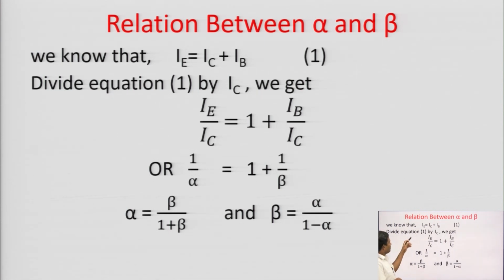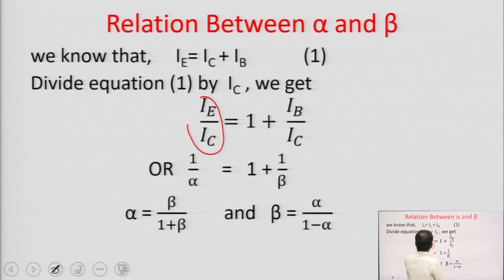Now, if we divide this equation by IC, what will happen? IE upon IC is equal to 1 plus IB upon IC. This value is 1 upon alpha and this value is 1 upon beta.